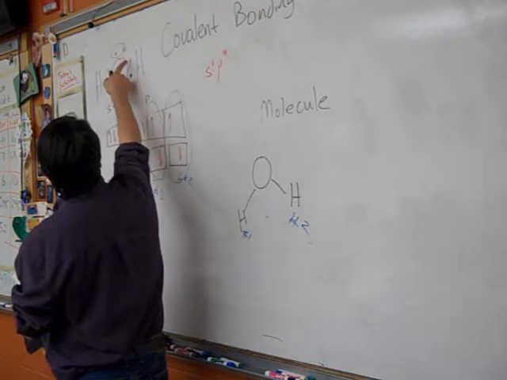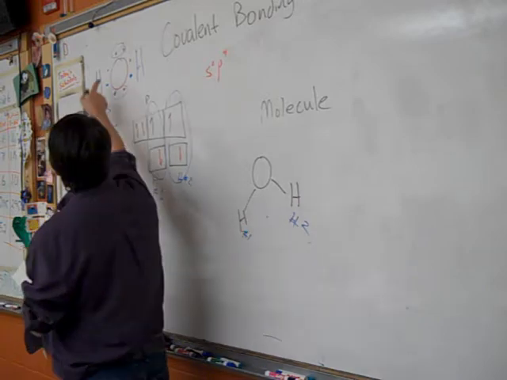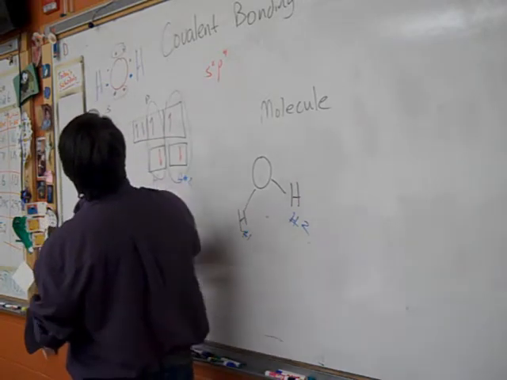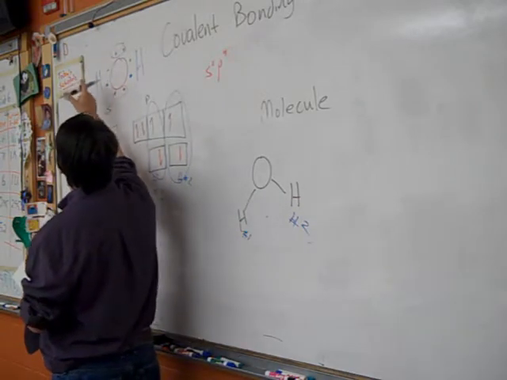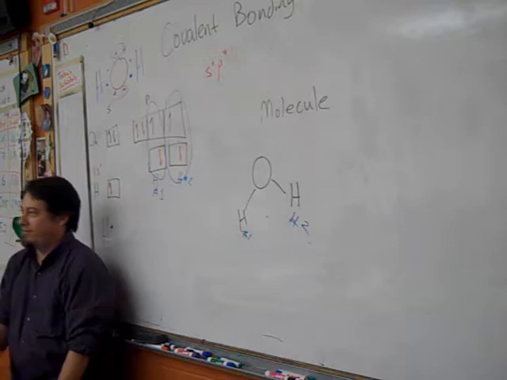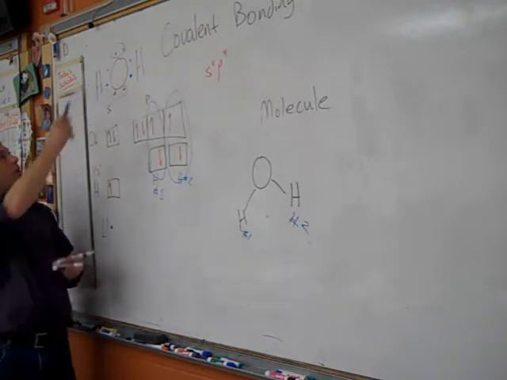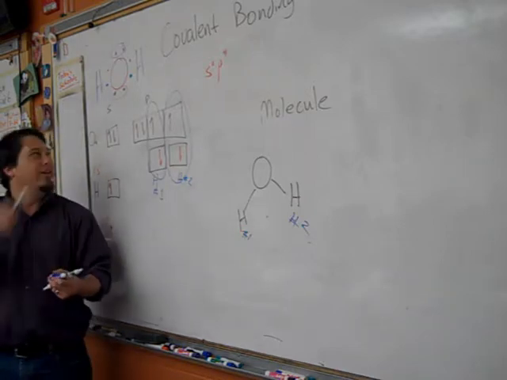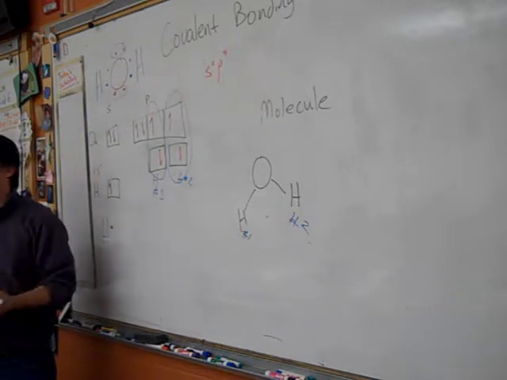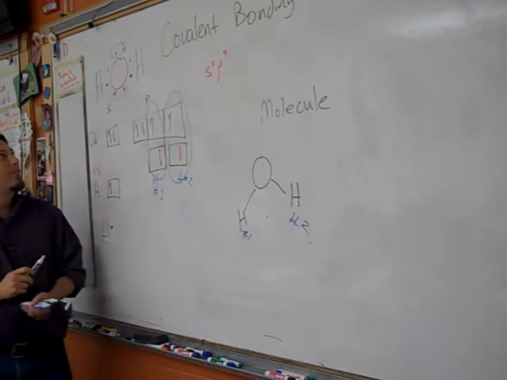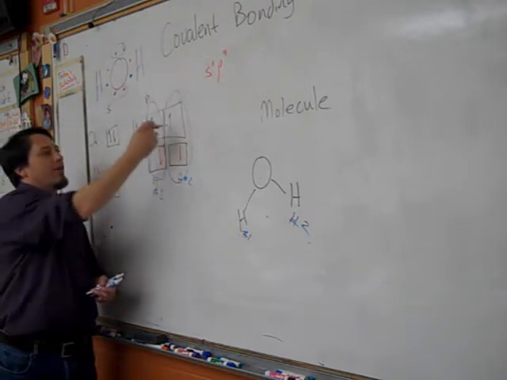This is the half-full orbital from oxygen sharing with the half-full orbital from hydrogen, and this is the other one. And so what this Lewis dot diagram of a compound is now showing is the sharing that's going on. See? Oh, so it's sharing so it makes a full equilibrium. That's right, full octet. And then, what you want to do to make sure that it's done correctly is you want to count the electrons. 1, 2, 3, 4, 5, 6, 7, 8. Everybody's happy. Hydrogen has 2, which is all hydrogen needs. Oxygen has 8. Everybody's happy. Half-full orbitals are now effectively full.